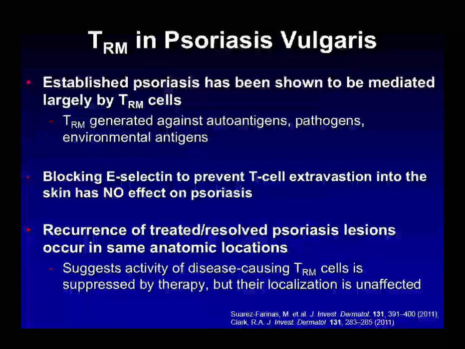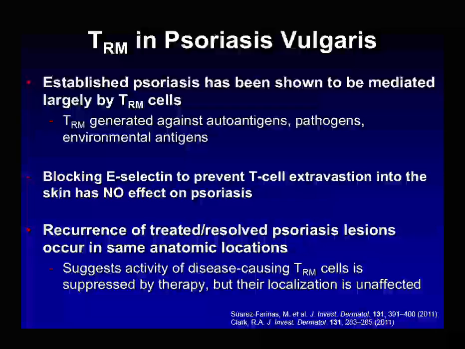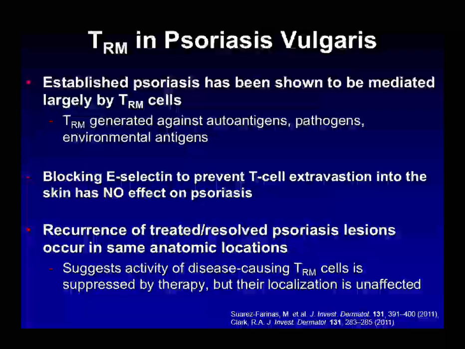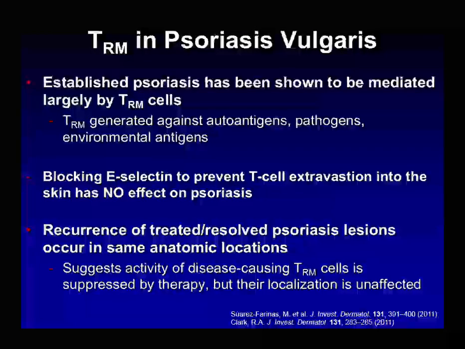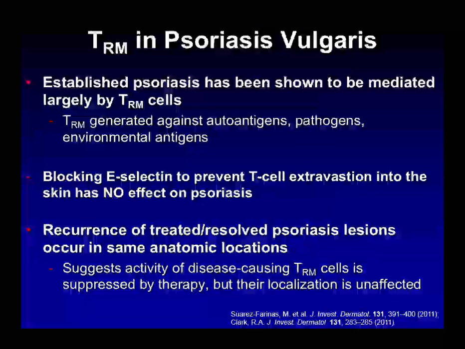These skin-resident memory T cells that are pathogenic in psoriasis may be generated against different antigens, autoantigens, pathogens, or environmental agents.